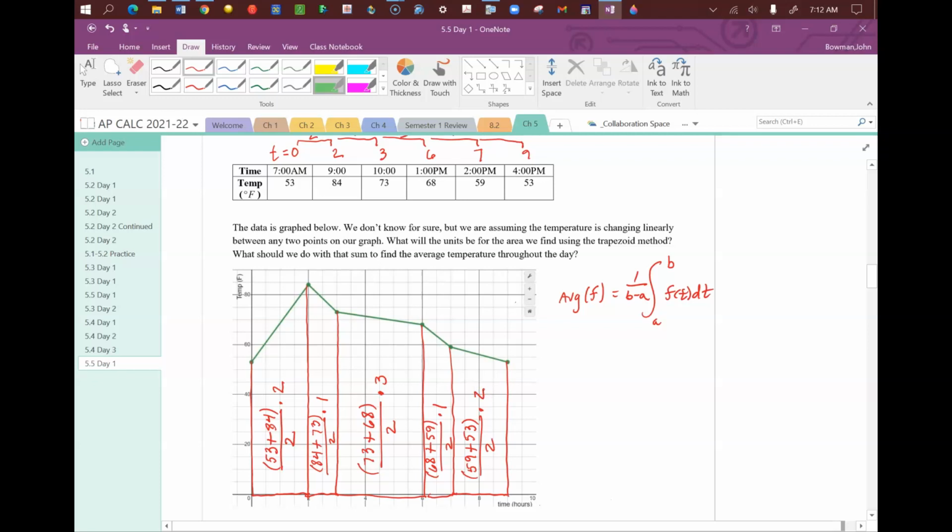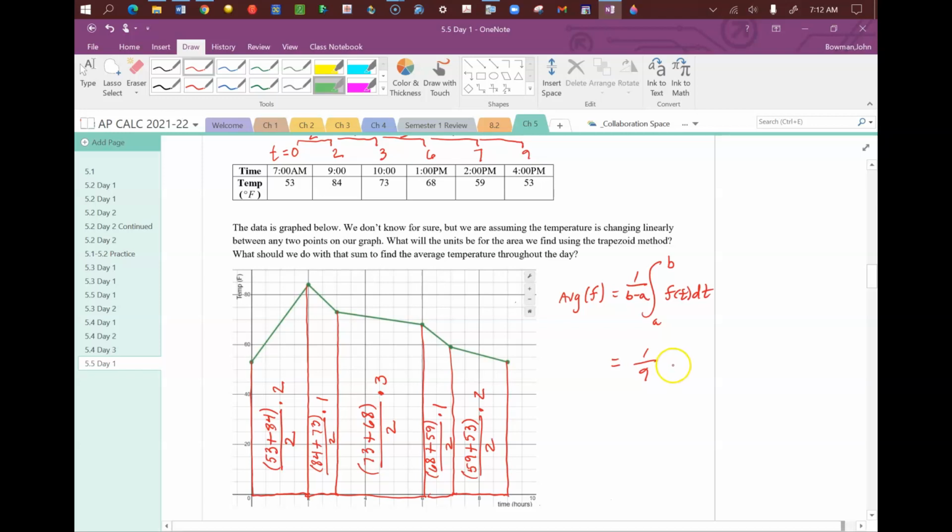And if we add up all of those trapezoids, the average value is going to be, well, first of all, from t equals 7 a.m. to t equals 4 p.m. is a difference of 9 hours. So we're going to divide that integral by 9.